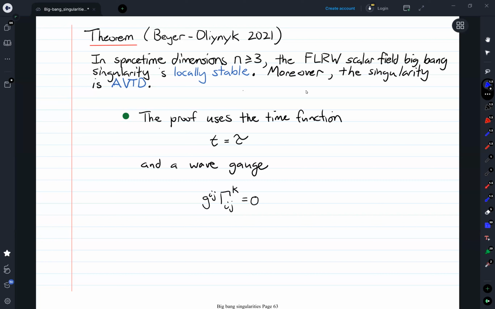I think there's also a question in the chat, by Colin. I'm trying to read this question. For me, how I interpret it is I just interpret it as a matter source, and then of course it enters the Einstein equations in the usual way via the stress-energy tensor.